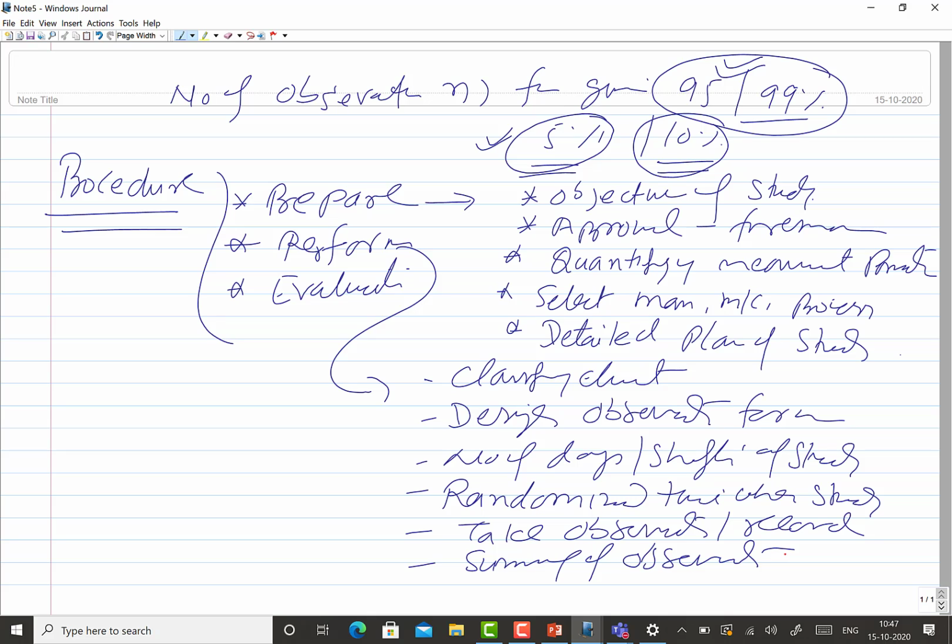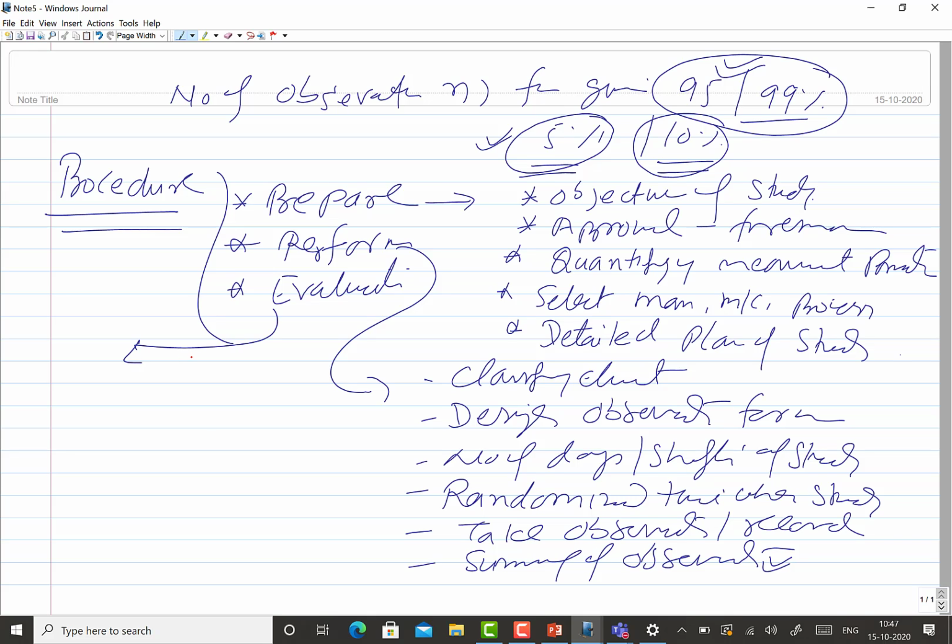This is an iterative process of arriving at the desired results. So summarize the observations and then use them again for further studies. Okay, how it is done I will talk about a little later.